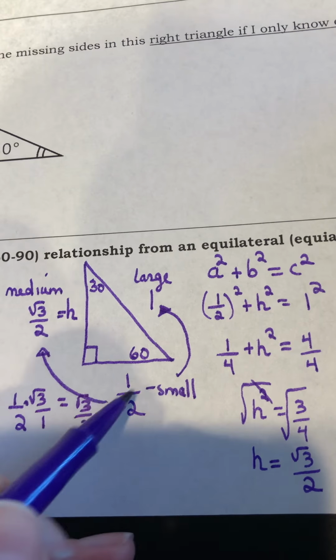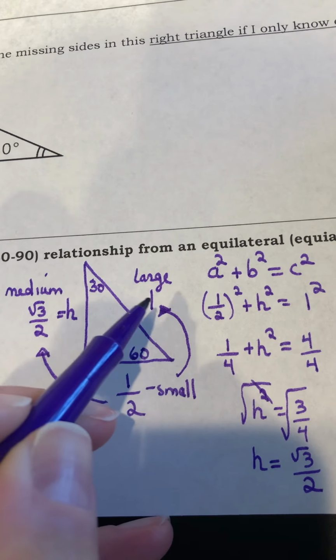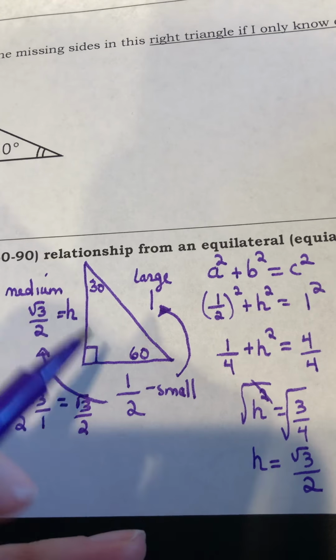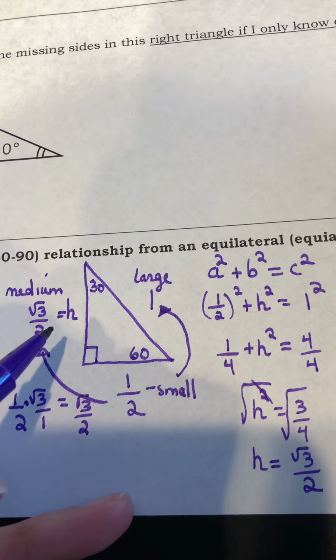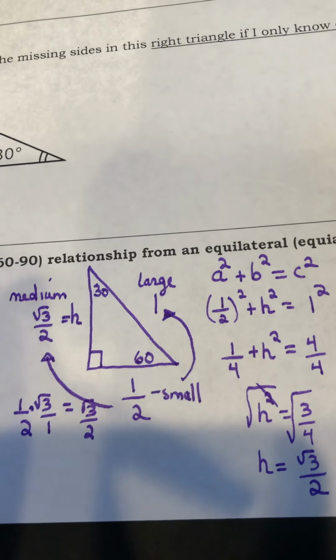So the relationship seems to be small to large, multiply by 2, small to medium, multiply by the square root of 3. So let's formalize that in the next page.